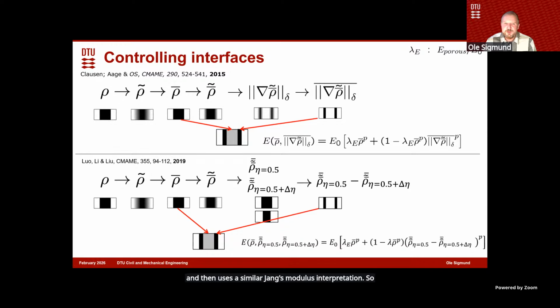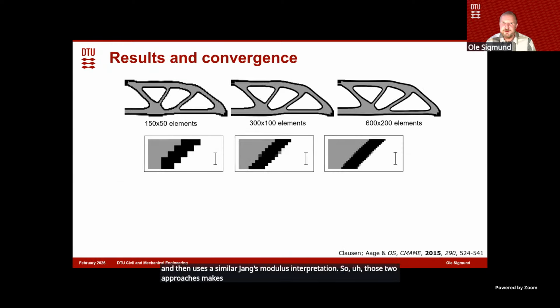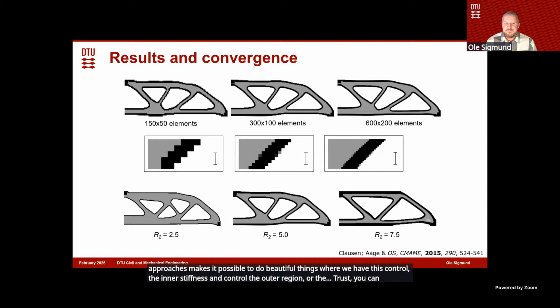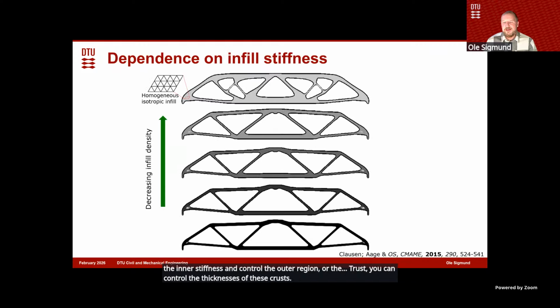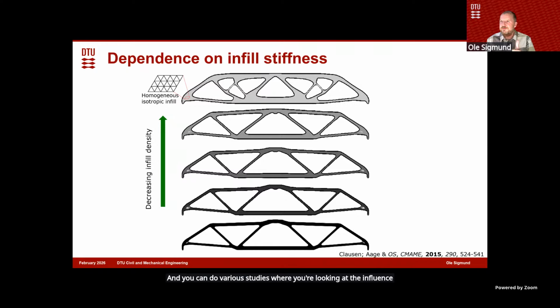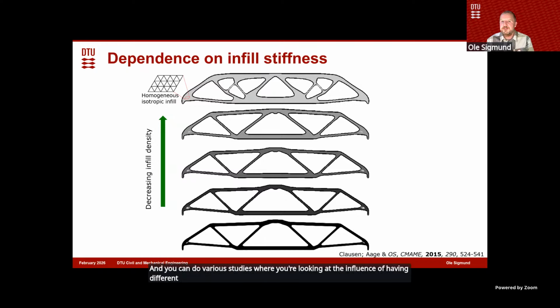Those two approaches make it possible to do beautiful things where we control the inner stiffness and control the outer region, or the crusts. You can control the thicknesses of these crusts, and you can do various studies looking at the influence of having different infill stiffnesses.